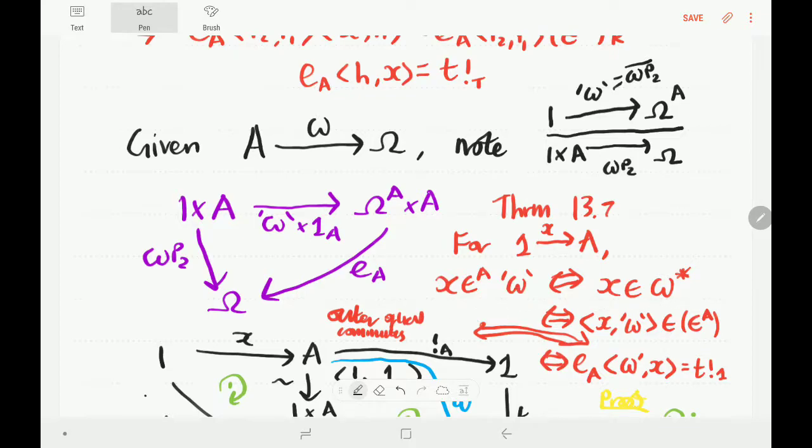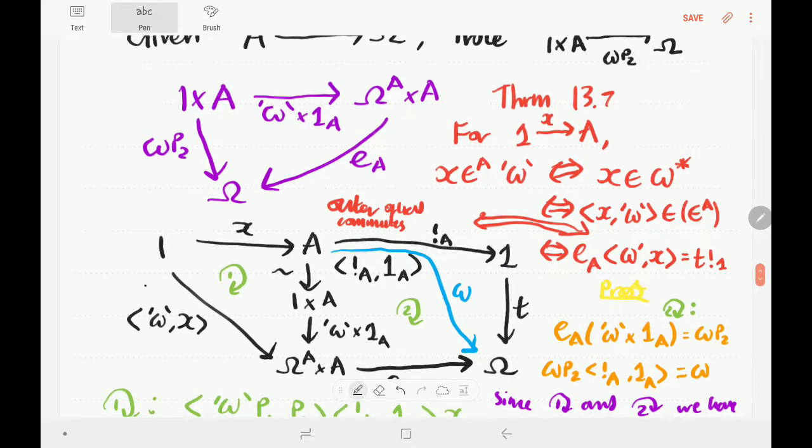Now, everything below here is sort of proof. So we just remember then that that's equivalent to saying that E_A of W dash comma x is true. Notice I swapped the order because of that twist.